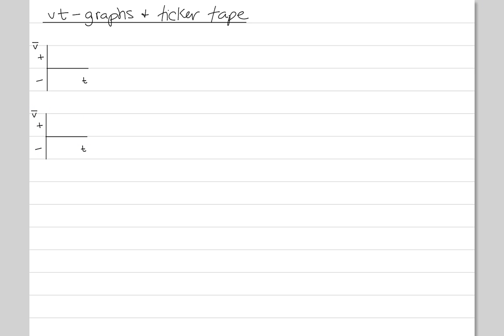That's a T. 6 of those, yep. Down the page.